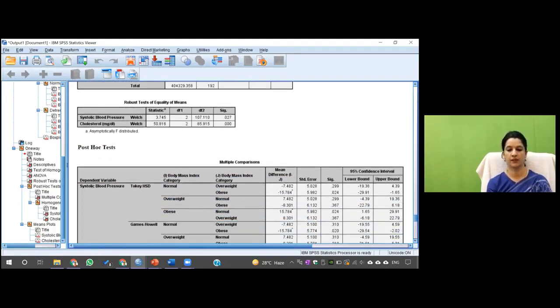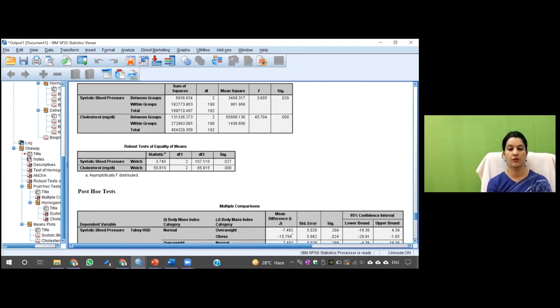So if you come here, this is the Welch statistics. So for cholesterol, which value should you take? The Welch ANOVA value or the standard F?